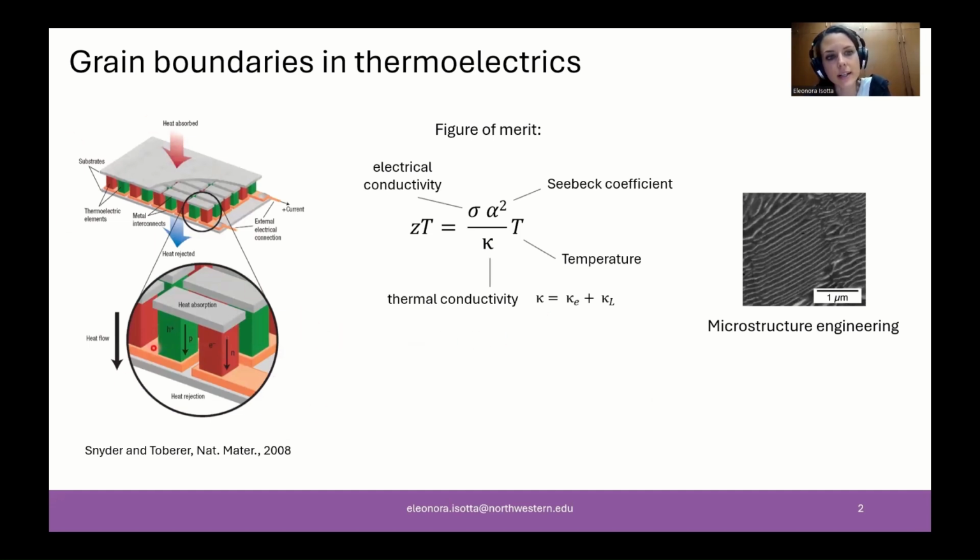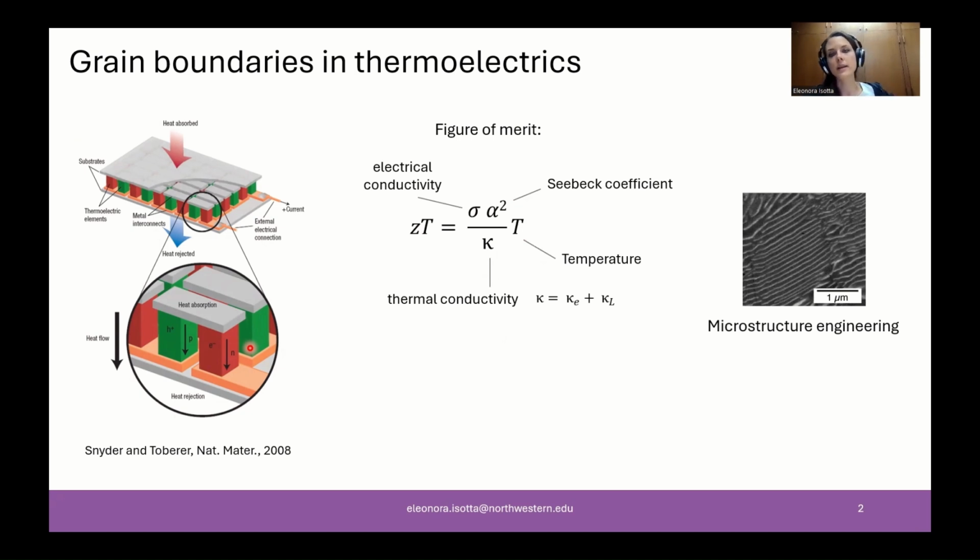A thermoelectric device is capable of converting heat into electricity and vice versa. And to have a high performance device, we need to have a high figure of merit, ZT, of the constituent materials. There are a number of factors that go into the ZT, but one of them is the thermal conductivity.